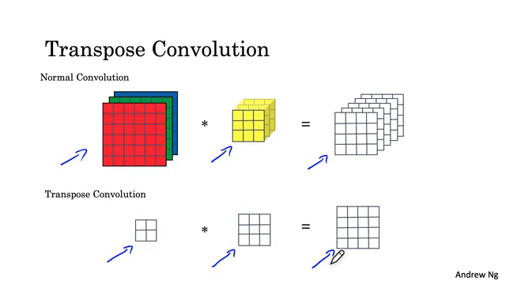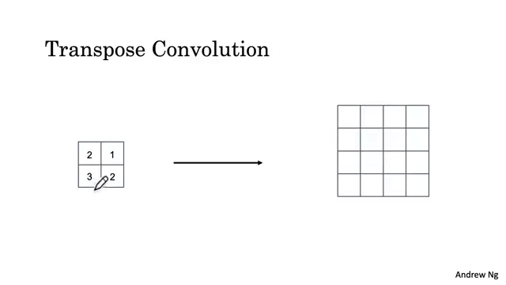Let's step through a more detailed example of how this works. In this example, we're going to take a 2x2 input, like that shown on the left, and we want to end up with a 4x4 output. But to go from 2x2 to 4x4, I'm going to choose to use a filter that is 3x3.